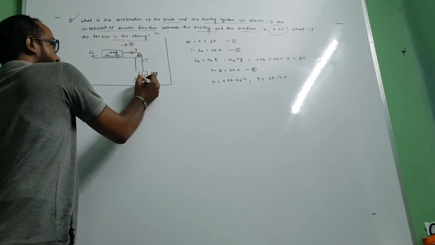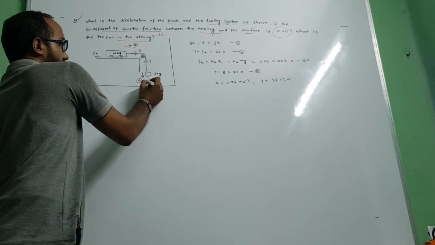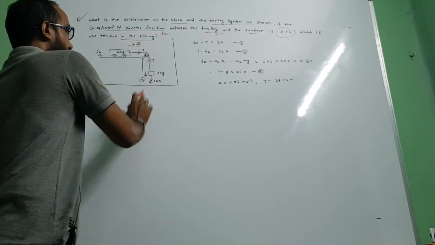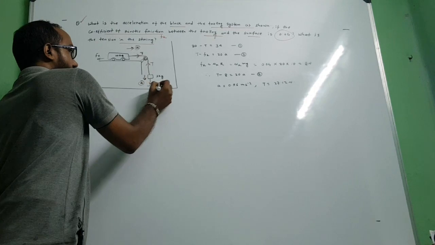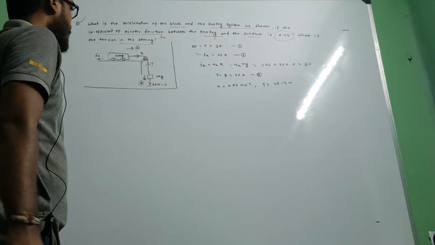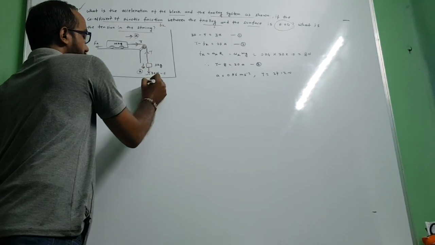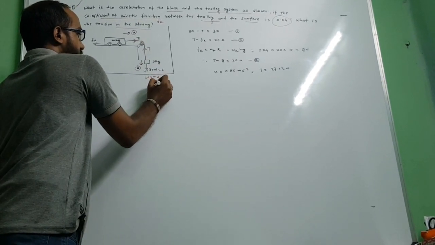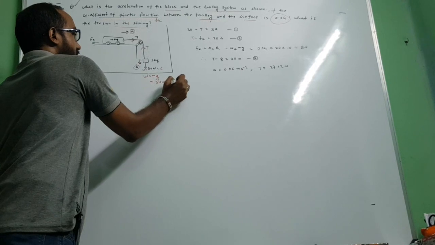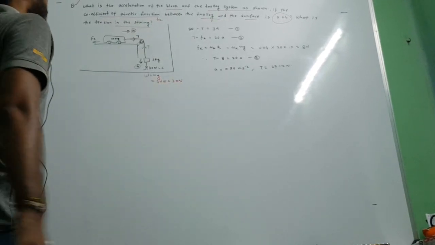Now see, here 30 Newton acts in the downward direction, that is the force, or you can say this is the weight. This is 3 kg, so W equals mg, that is 3 into 10, 30 Newton force acting downward.